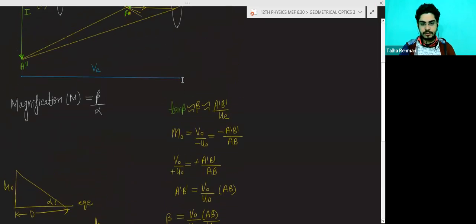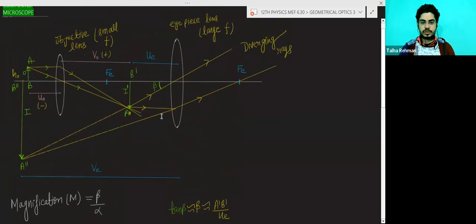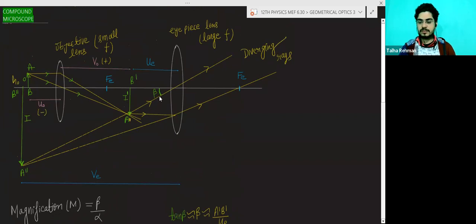If you are getting confused here, I told you beta is the visual angle subtended by the final image. So this is the final image and this is the angle beta subtended. First I calculated tan beta, and I have written tan beta is approximately equal to beta because this beta is small.